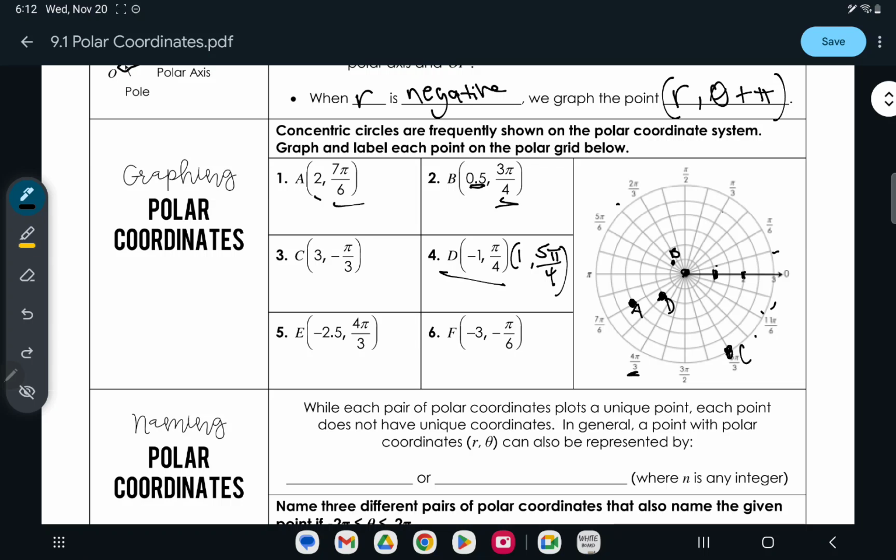So 2.5 is the one right between. And I can double check it by adding pi. So adding 3 over 3, that'll make it 7 pi over 3.